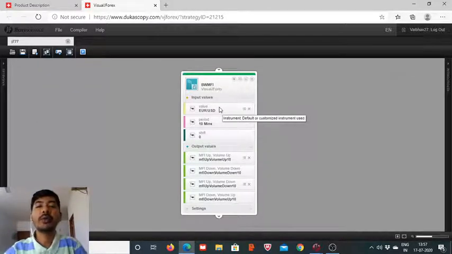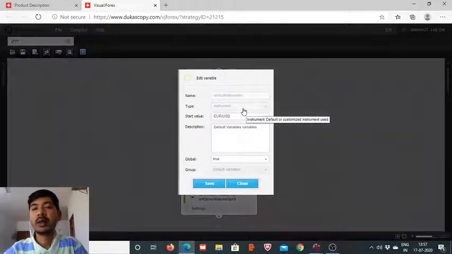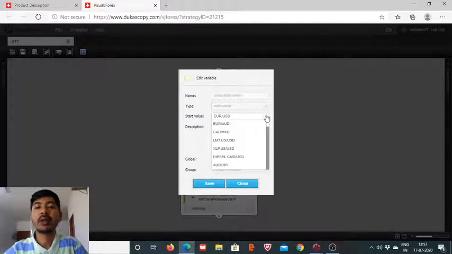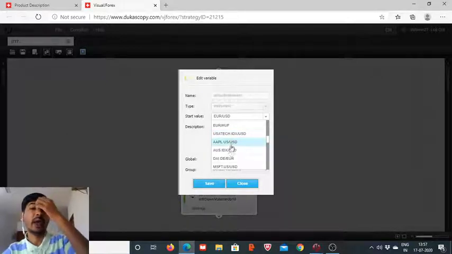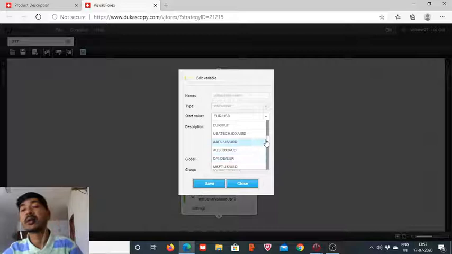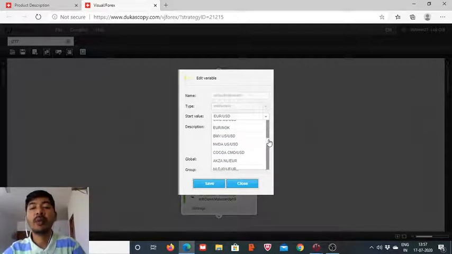We have to set these input parameters. We have to define the default instrument, which can be any, and here you will have the list of supported instruments. Suppose you want to use Nasdaq, the USA Tech, you can do that. You can even work on shares, Apple or whichever shares are supported by the platform.